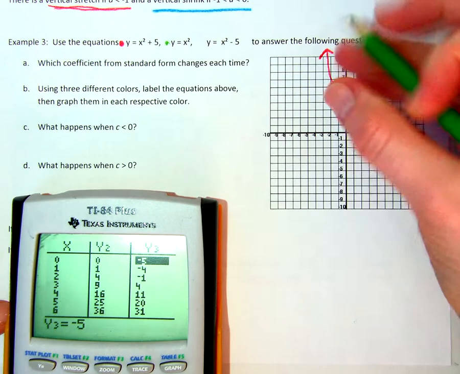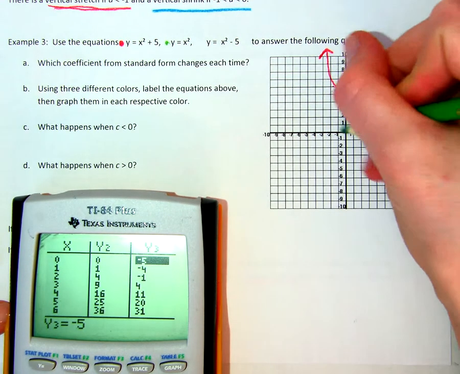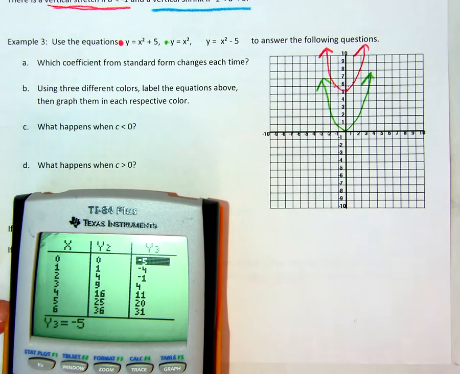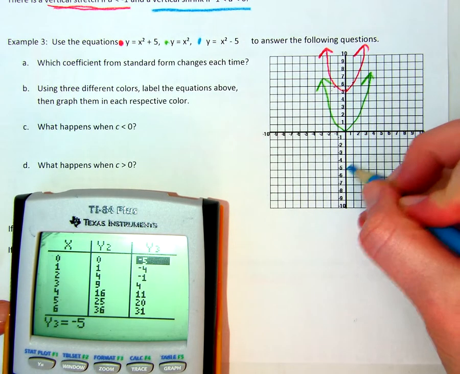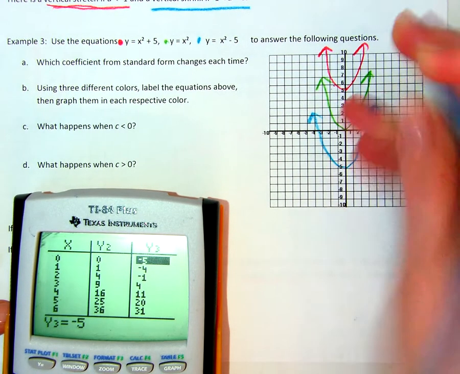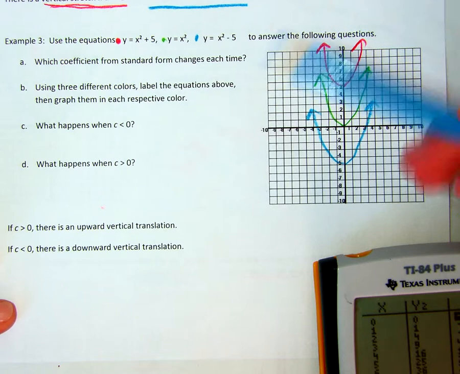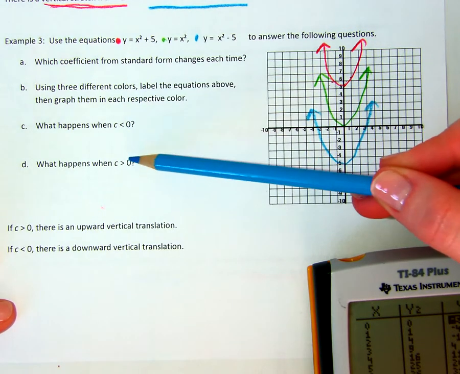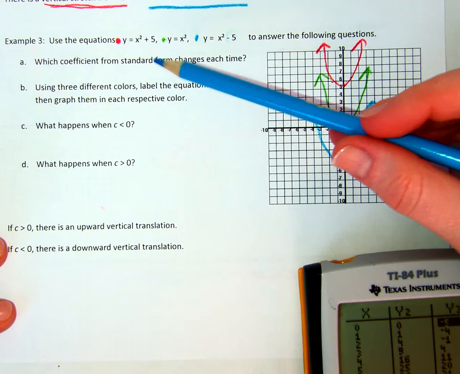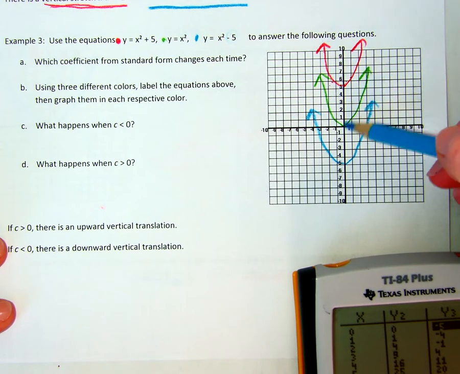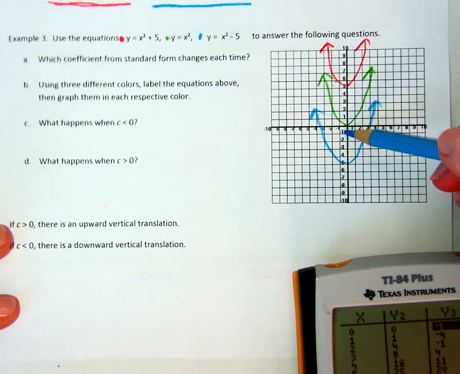This graph is the parent function, so it did exactly what we thought it was going to do. It stayed the exact same. And this graph started at -5. So what happens when c is less than 0 or greater than 0? It looks like c is telling us what our y-intercept is going to be.